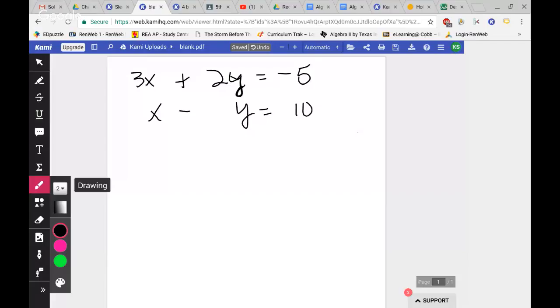So we're going to have to multiply one of them in order to get it to be the opposite or the same. The easiest one to do is probably the second one. Since you've already got a negative on the y, I think I would go with multiplying that whole thing by 2 in order to make my y be an opposite. Does that make sense to everybody?